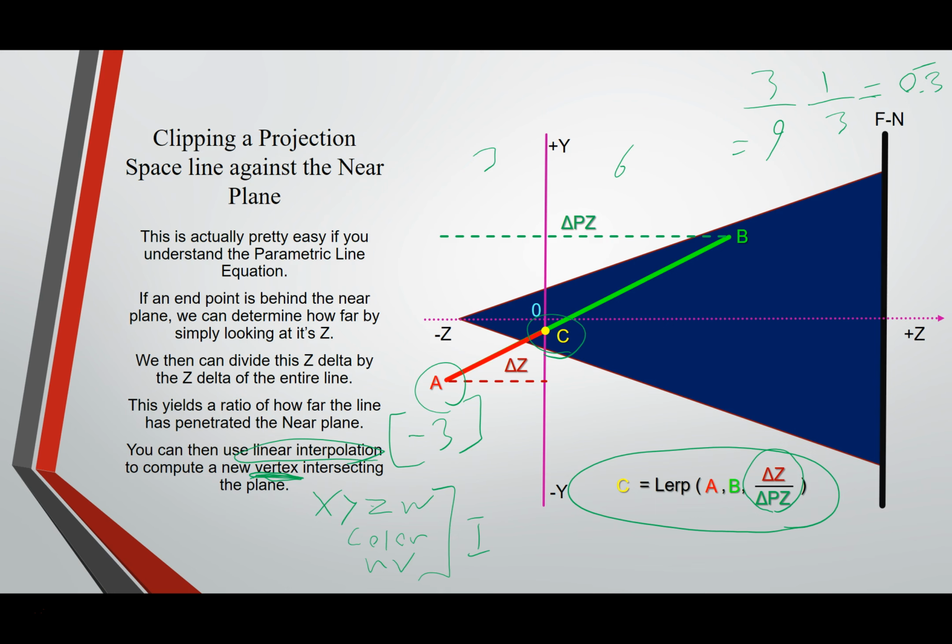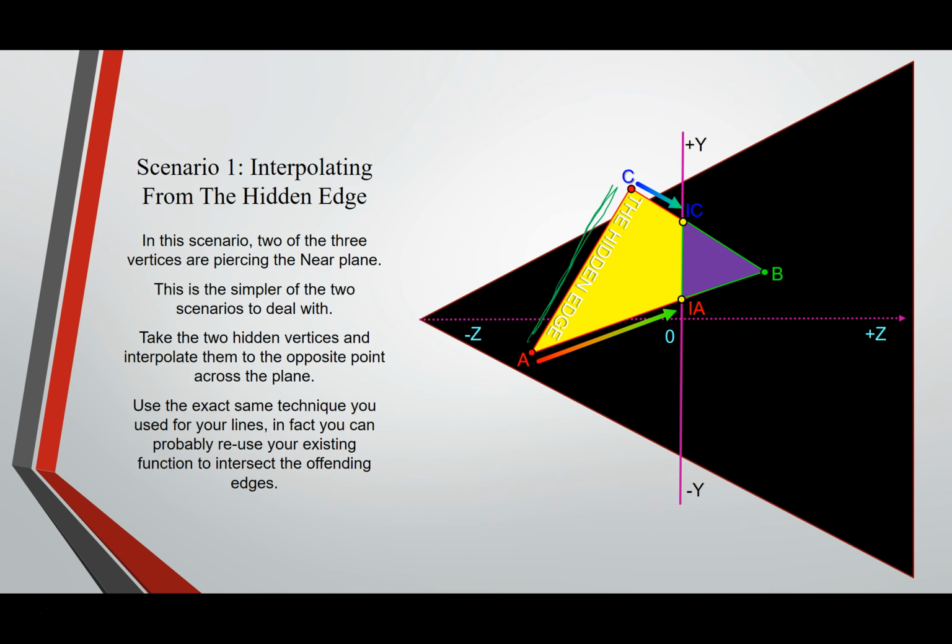In fact, if you wrote the function well enough, you can just use the same function to cut those edges along the near plane, and that'll give you your intersecting point. In this case, our C will be one of the new corners of the new triangle. So here you can see them. Pretty straightforward. And then you just draw the triangle as per normal, but using the newly modified vertices.